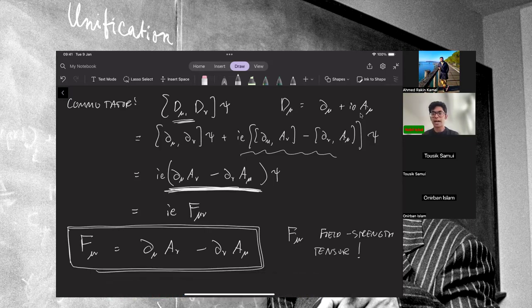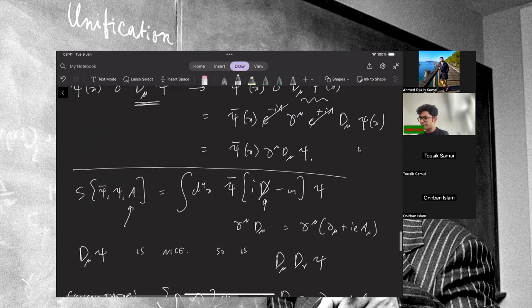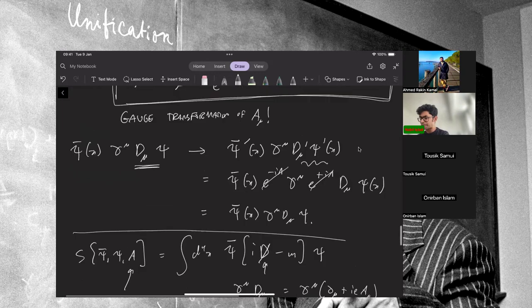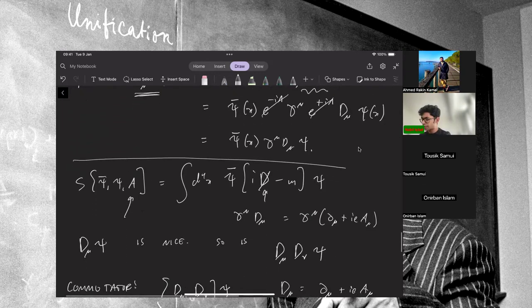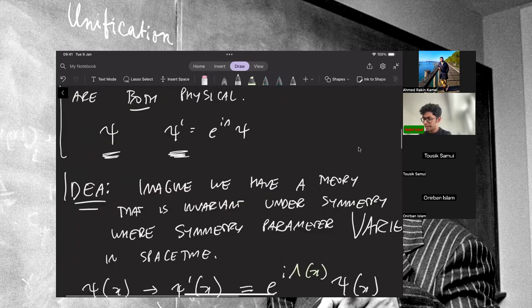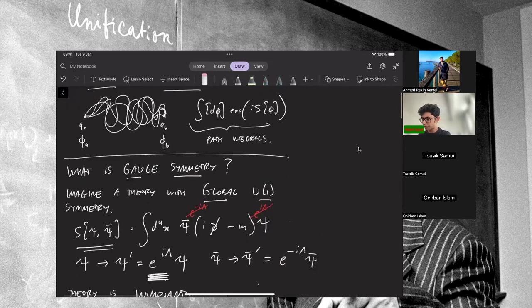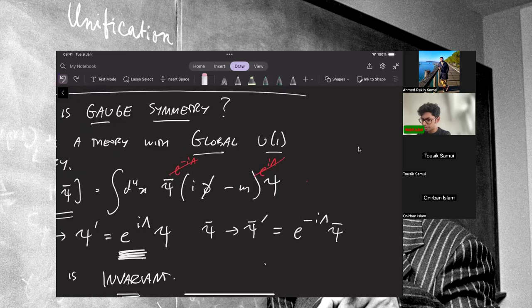So, I see, sorry, there's a question. The question is, can I get a reminder? How did gamma mu come before D mu? Very good. So, really, I basically just made this up, okay? If you remember the normal Dirac action, the Dirac action that we know and love from before has gamma mu multiplying partial mu.